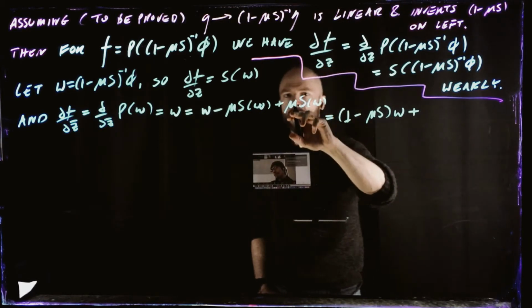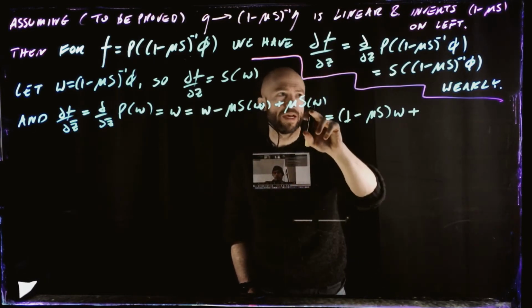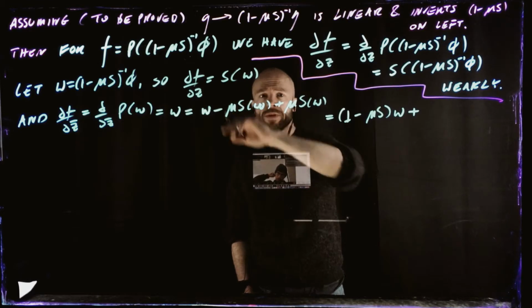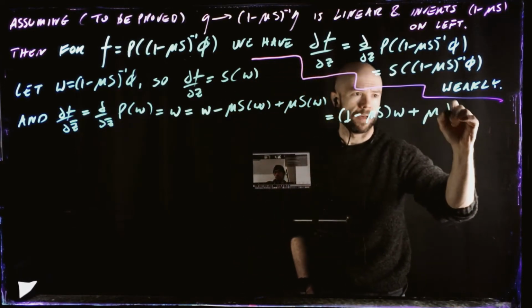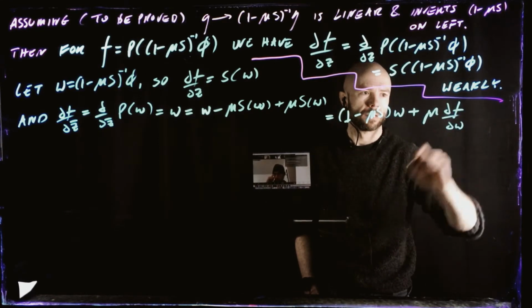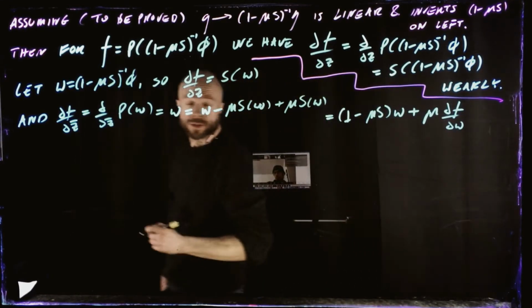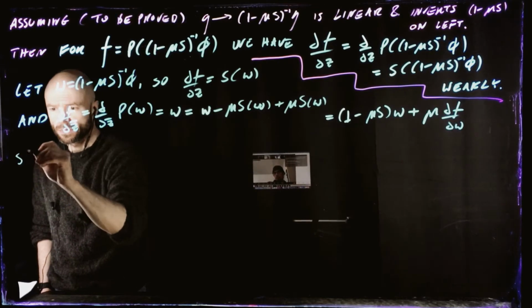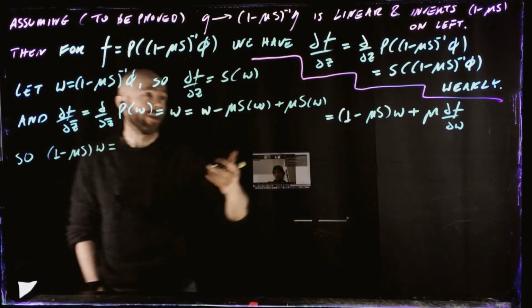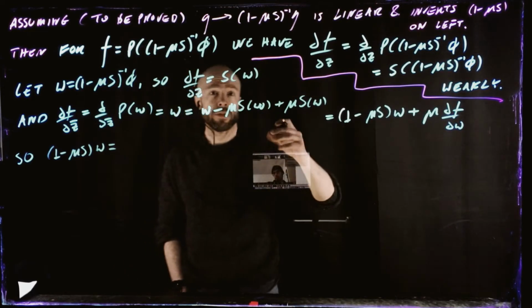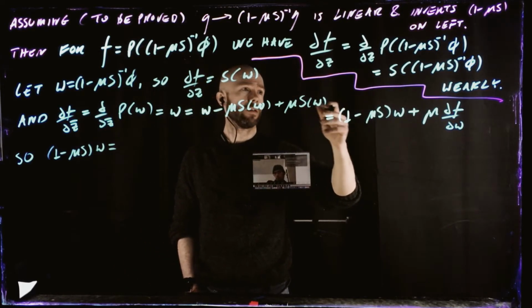And then mu of S of W is the conformal part of the gradient of F, like this. So 1 minus mu of S of W, by definition of W, where did I define it?